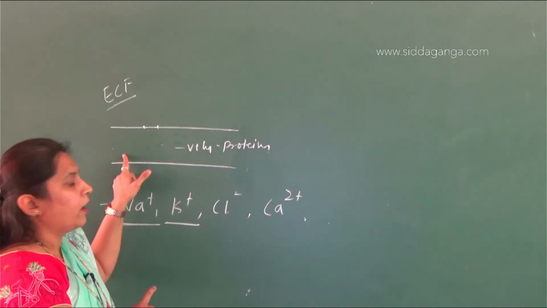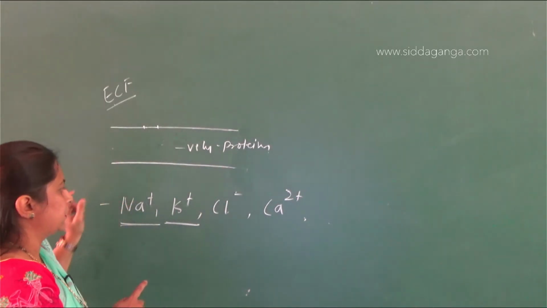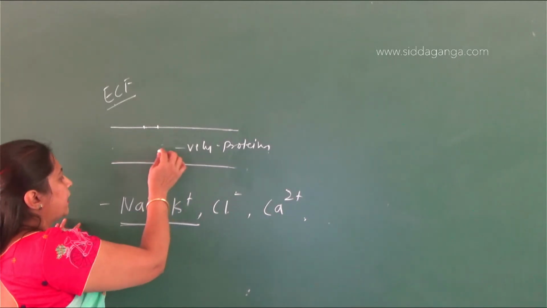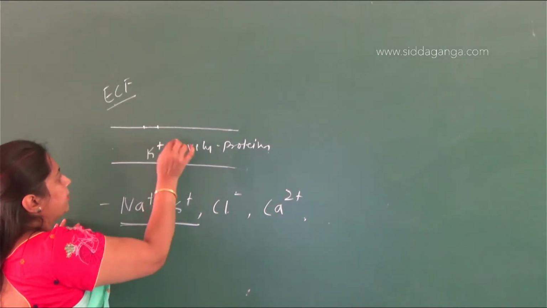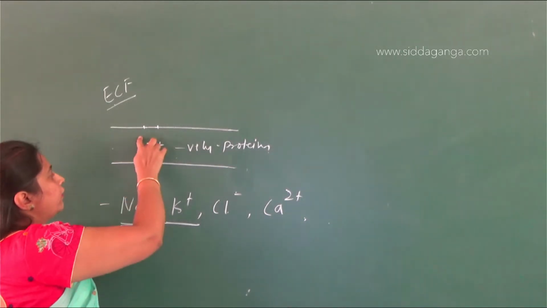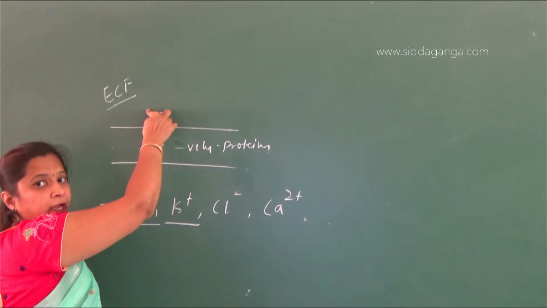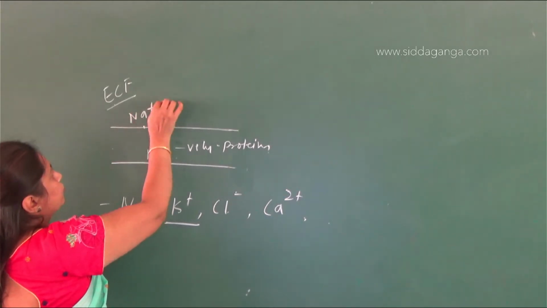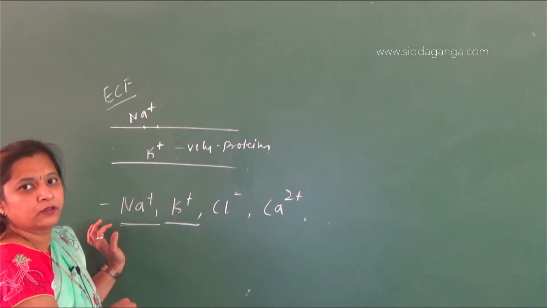So the axoplasm has a high concentration of potassium ions and negatively charged proteins, and the fluid outside the axonal membrane has a high concentration of sodium ions.